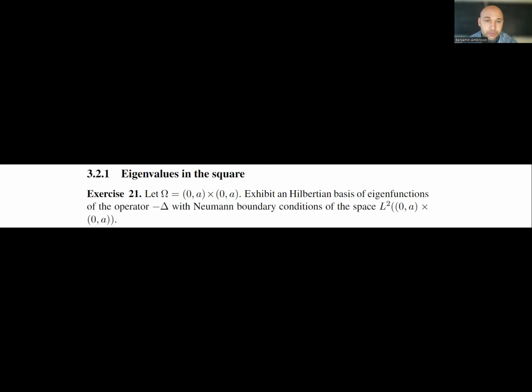Okay, so let's focus on this particular exercise where omega is the square, and we start with A equals 1, so it's the unit square. And then we will see in the second part and next time how this generalizes to any bounded domain.